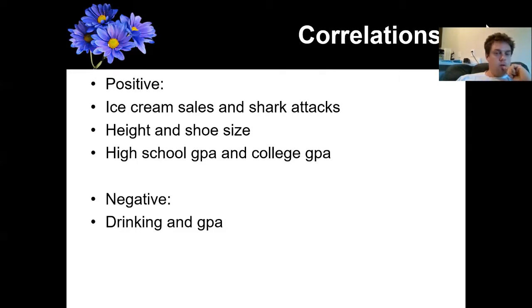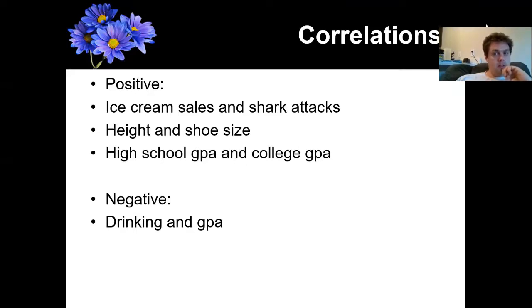Okay. So, for example, several examples of positive correlation would be ice cream sales and shark attacks. So the more ice cream sold, say, in a city during the week, the more shark attacks on people there are. There's a positive relationship there. As ice cream sales go up, so do shark attacks tend to go up as well. Another one would be height and shoe size.